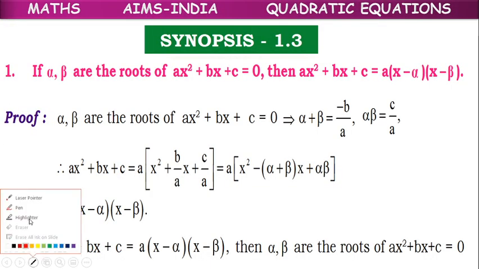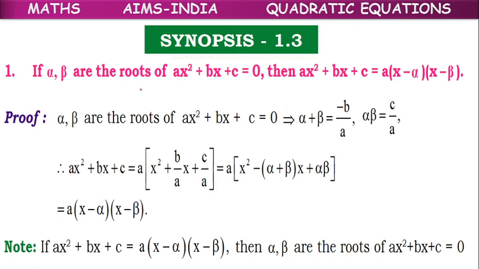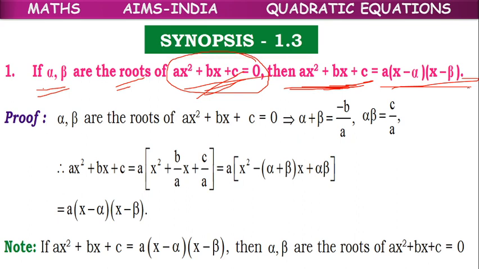Here we have some theorems regarding the roots of quadratic equations. Let's learn about them. The first theorem is: if alpha and beta are the roots of the quadratic equation ax square plus bx plus c equal to 0, then ax square plus bx plus c is equal to a into (x minus alpha) into (x minus beta).